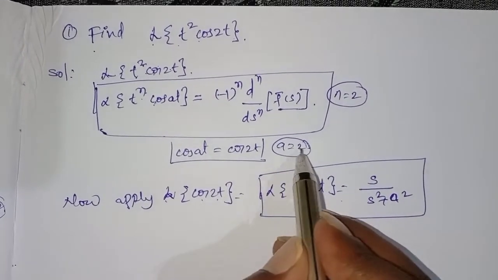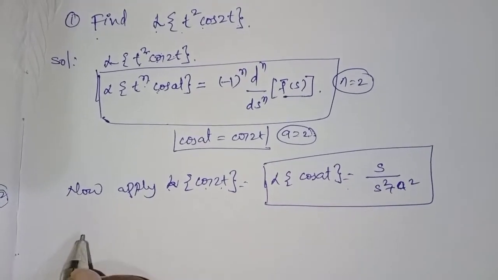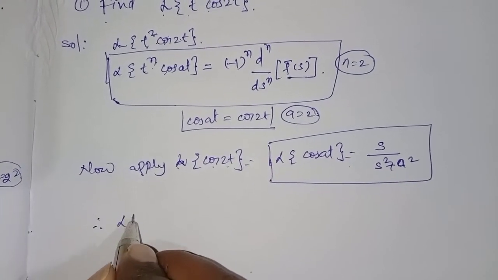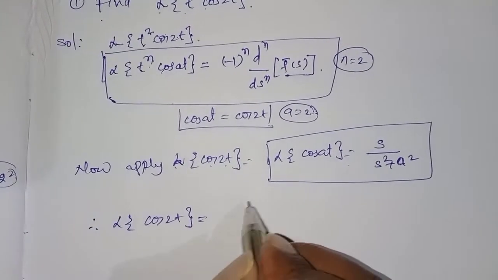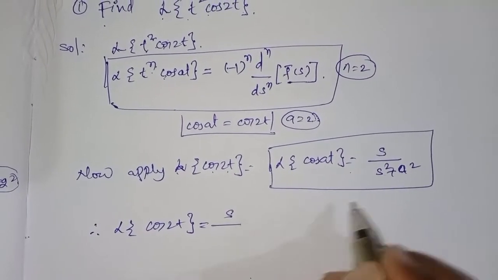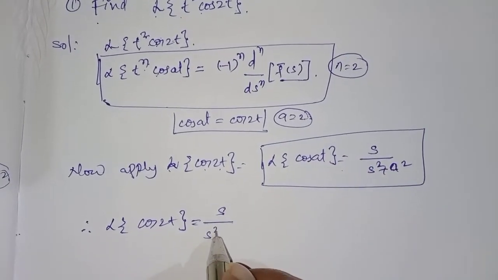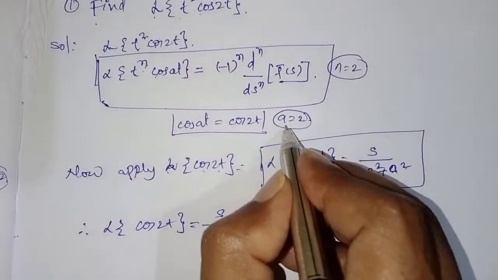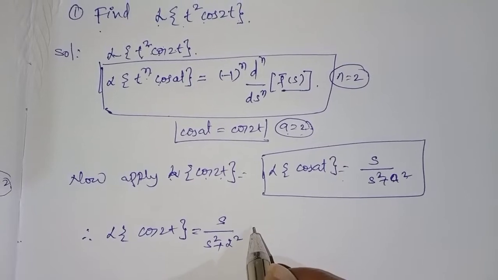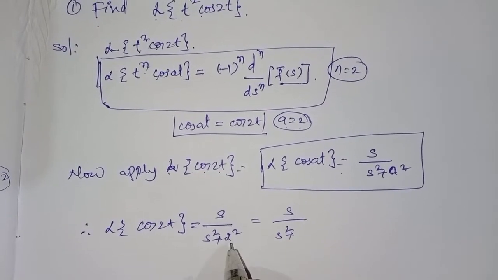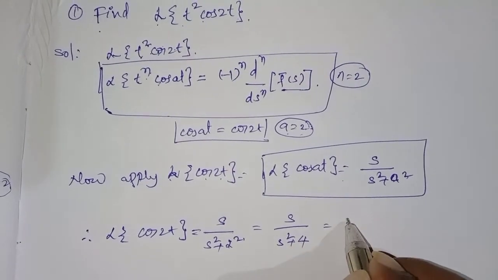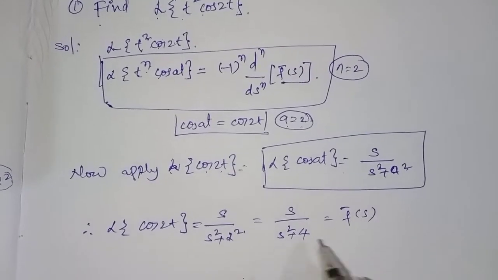We know that a is equal to 2. Substitute here 2. Therefore, Laplace of cos 2t is equal to s upon s square plus a square, but a is equal to 2. This is 2 square, which is 4. So it is s upon s square plus 4. This is called f bar s.